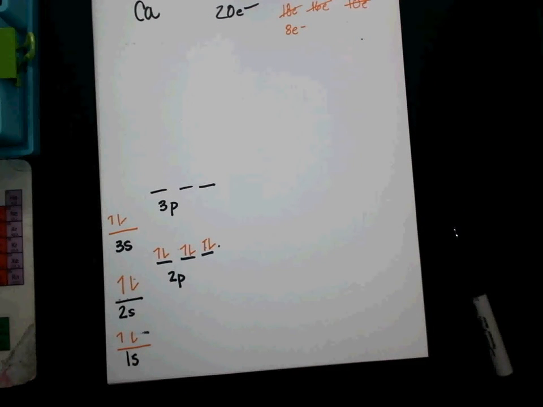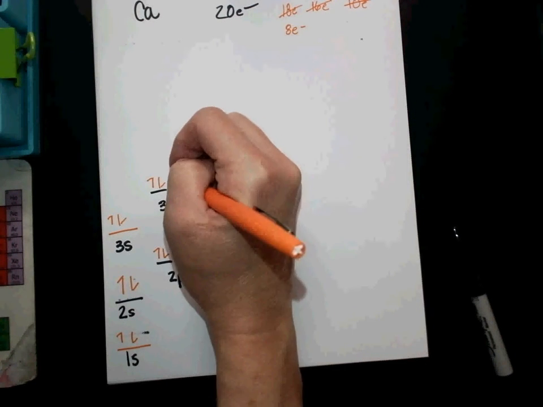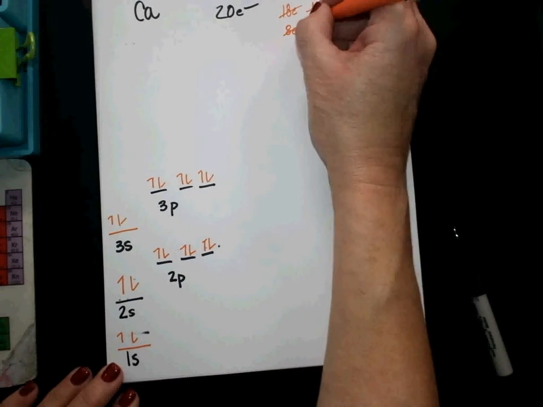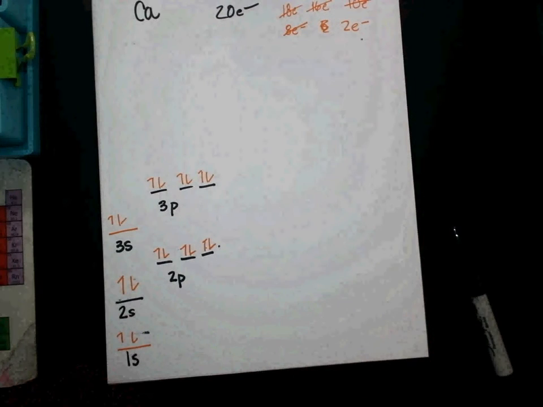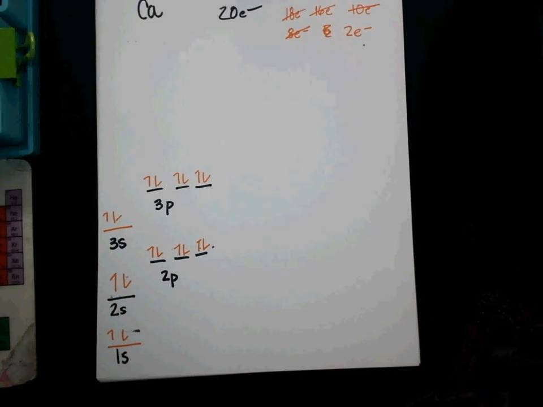1, 2, 3. And I say to myself, do I have 6 electrons left? Yes, I do. So I'm going to fill it up. And then I have to get rid of them up here. So now I'm down to 2 electrons. And I need to see what I fill next.